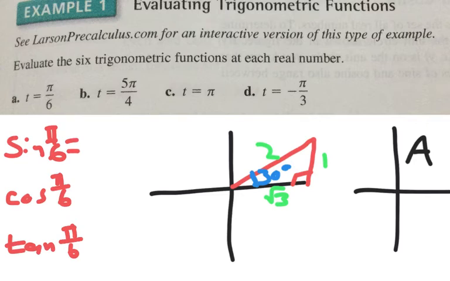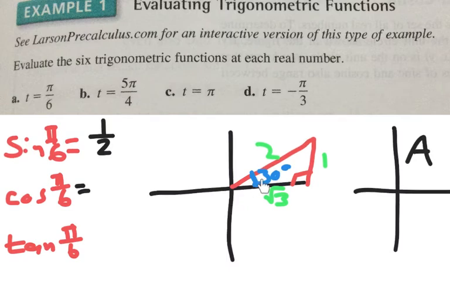Okay, so from this central angle, 30, sine is the opposite, 1 over the hypotenuse, 2. So sine of pi over 6 is 1/2. And it's positive again because I'm in the first quadrant. And all of them are positive in the first quadrant. Next, cosine of pi over 6.